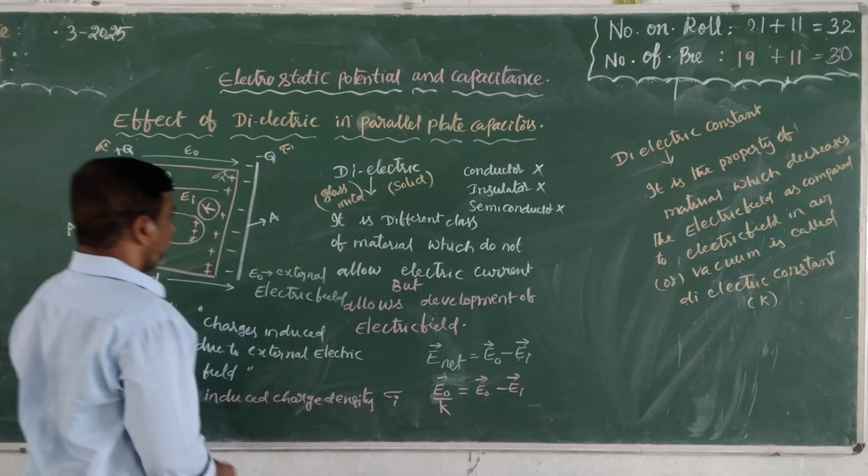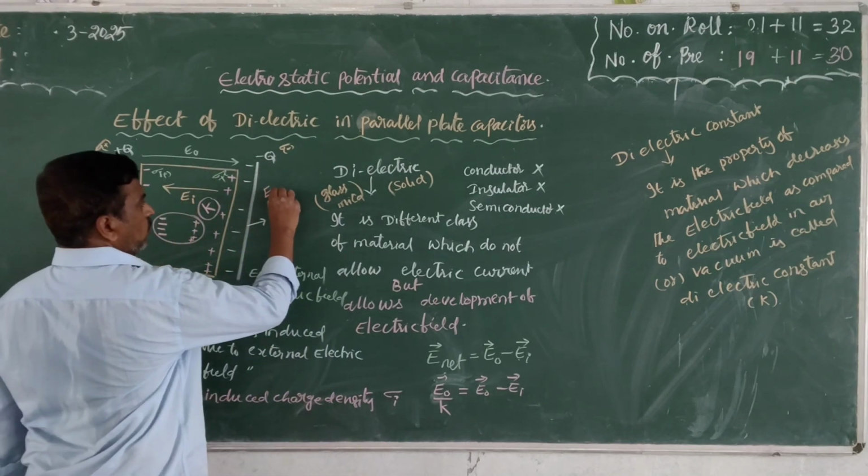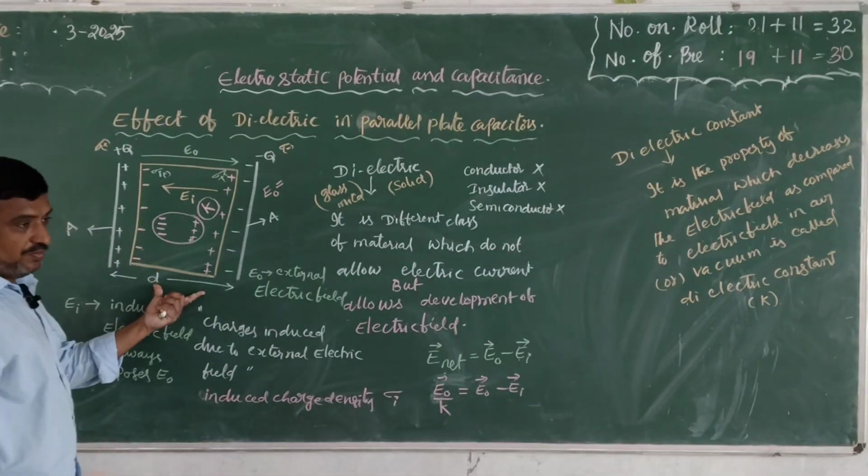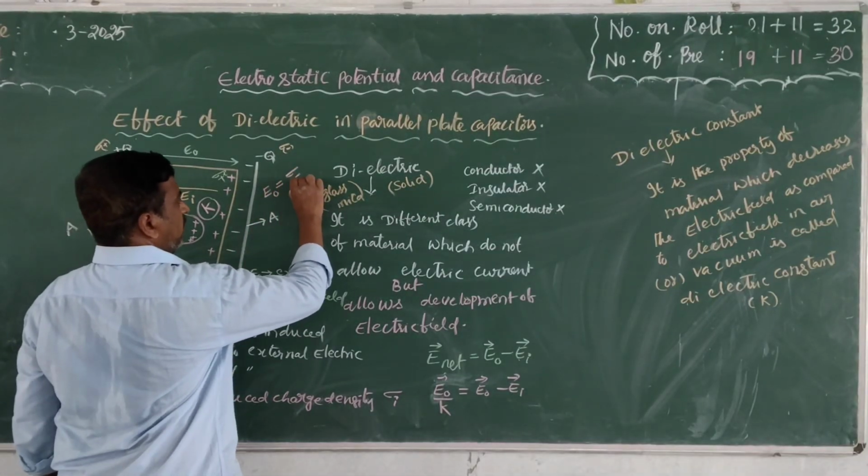Actually, for a single plate E naught equals sigma by 2 epsilon naught. Here with parallel plates, we write E naught equals sigma by epsilon naught.